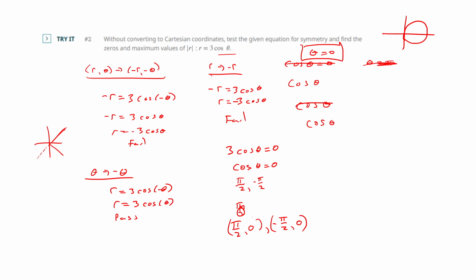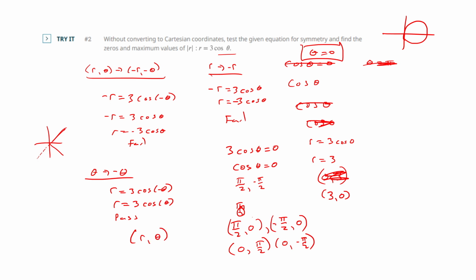So r equals 3 cosine of 0 would be our maximum value. So our maximum value for r is going to be 3. So at the point 3, 0, we get our maximum value. Oh, I know why I'm struggling. I'm writing these the other way around. Sorry, remember in polar it's r, theta, not the other way around. Okay.